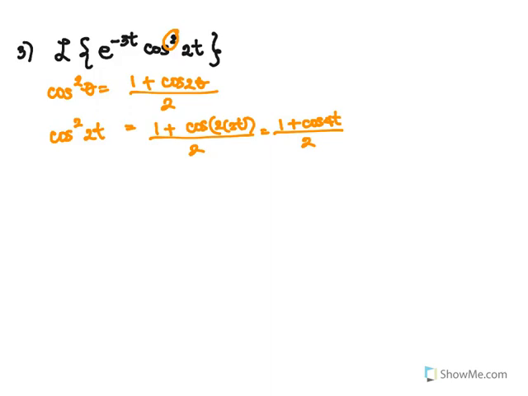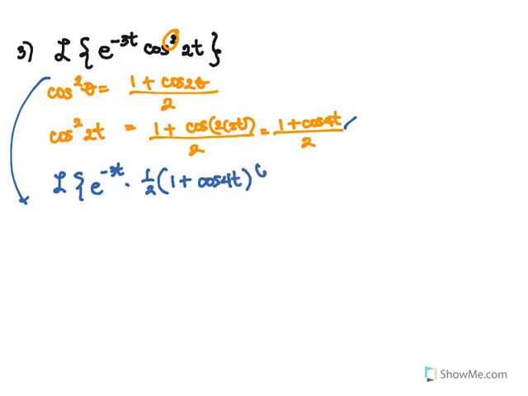With this, we can rewrite our given as the Laplace transform of e to the negative 3t multiplied by 1/2 quantity 1 plus cosine 4t. Then you can bring the 1/2 outside, so that's 1/2 Laplace of e to the negative 3t times 1 plus cosine 4t.